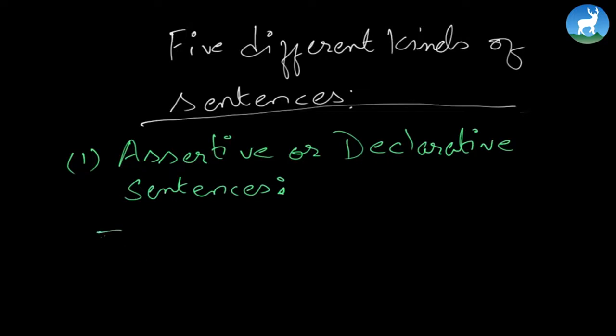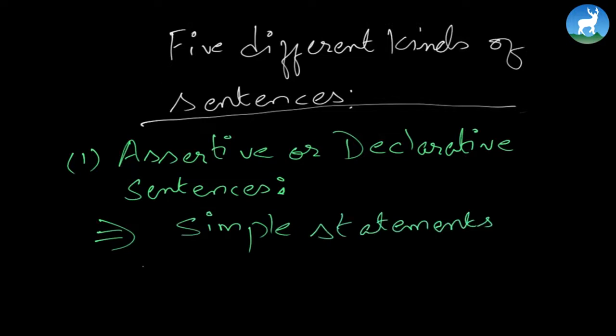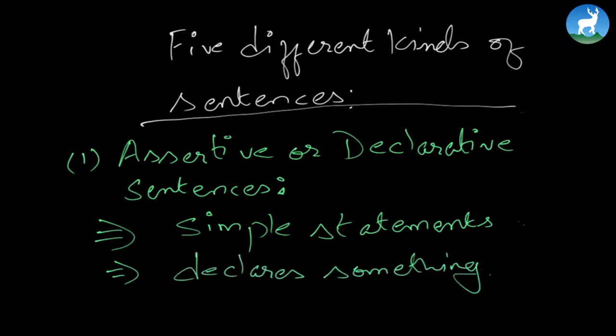As per the title itself, these are all the sentences which make simple statements and which declare something. A sentence which declares something is what we call an assertive or declarative sentence.